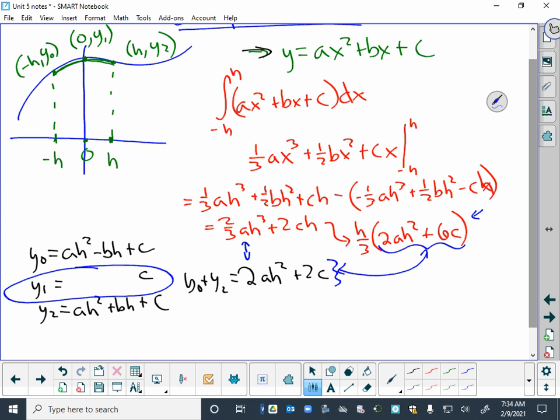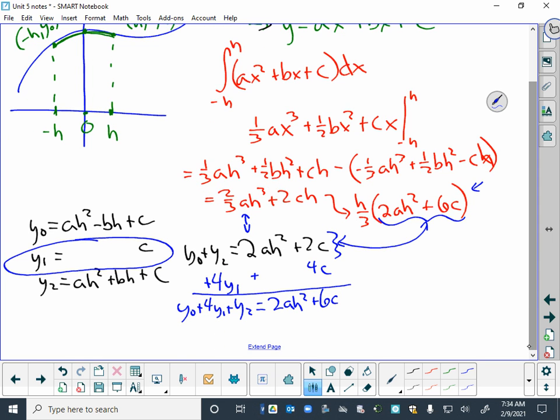Okay, the y1 is equal to a c. So what if I added on 4 of the y1s? That would add on 4 c's, and this would give me y0 plus 4 y1s plus a y2 is 2ah squared plus 6 c's, and that matches what is in there.